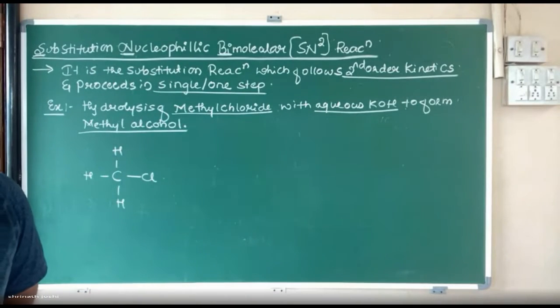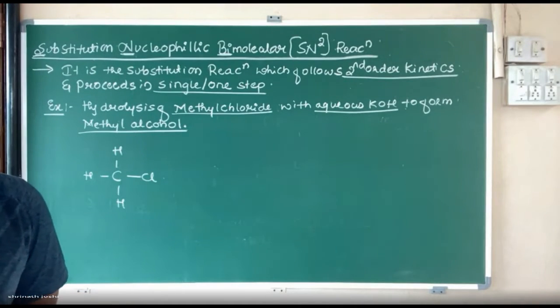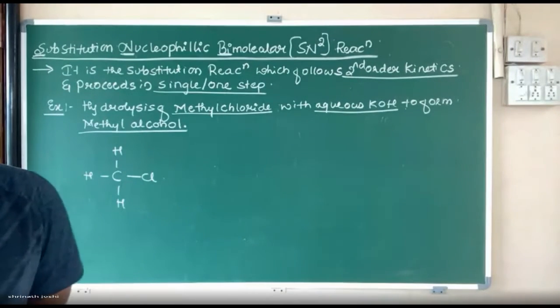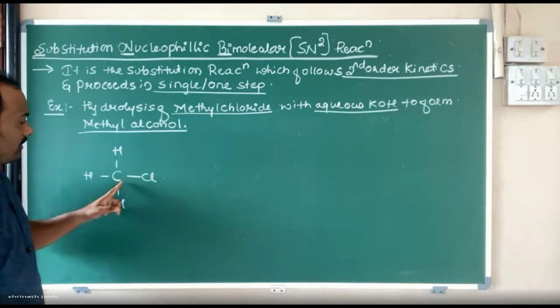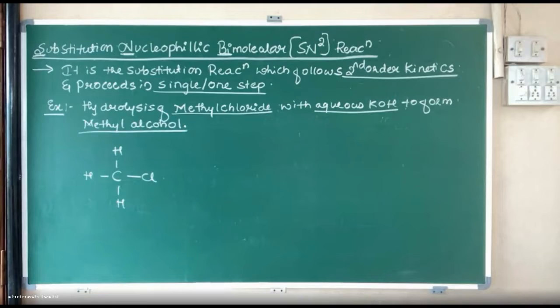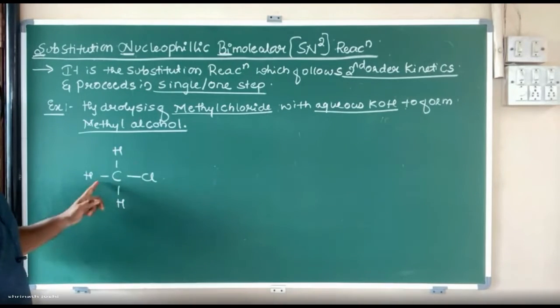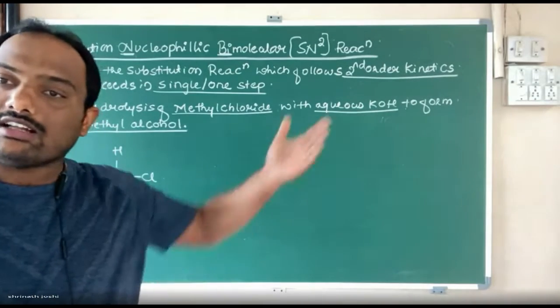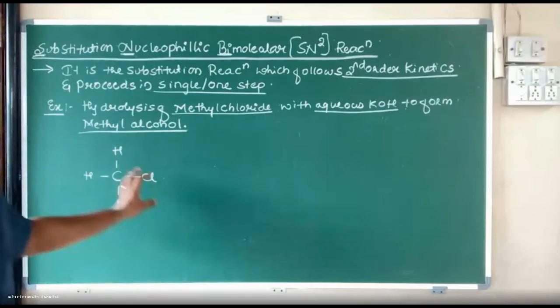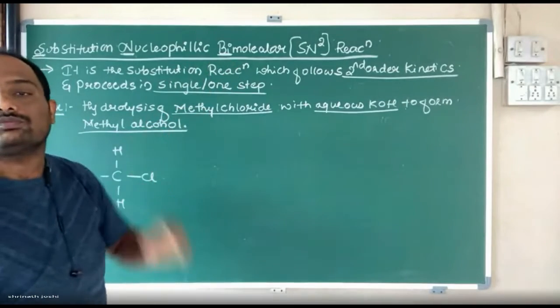It is straight away primary. Why is it primary? Because how many hydrogens are attached to the carbon containing the halogen? 3 hydrogens are there. That's why it is primary. See, that's why I already told you, tertiary will undergo SN1, primary will undergo SN2.